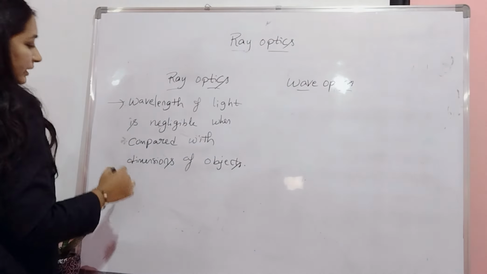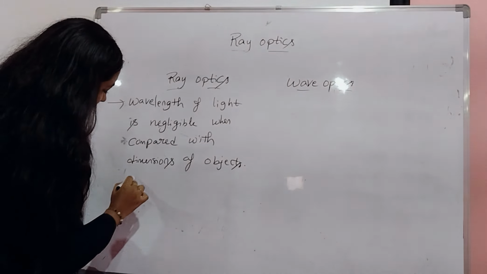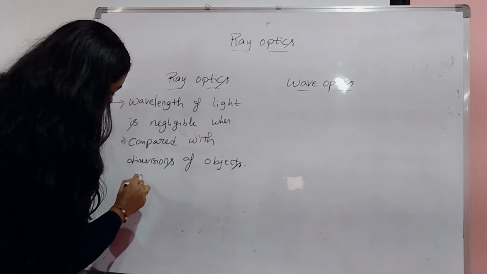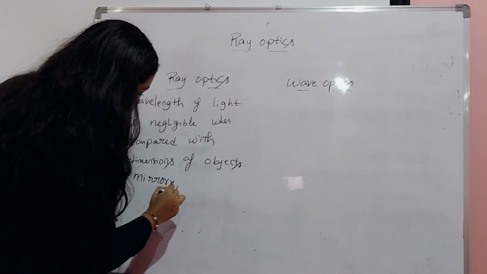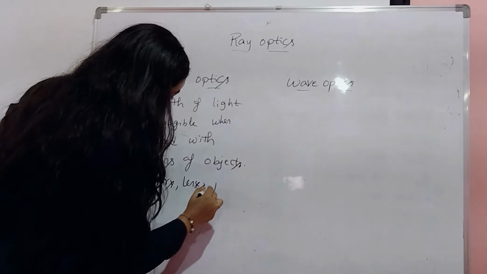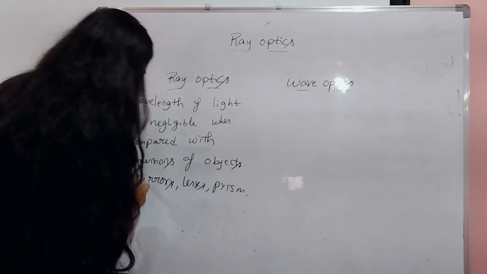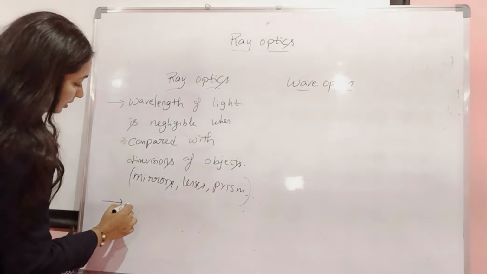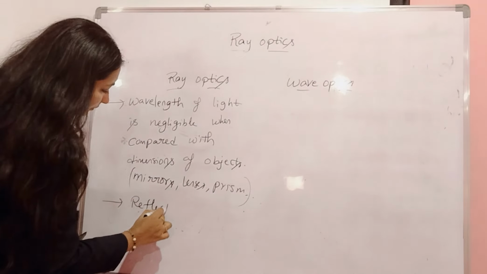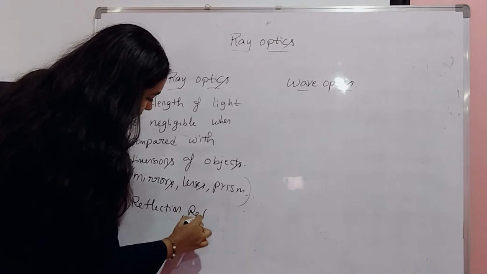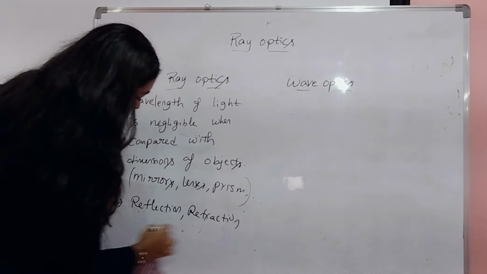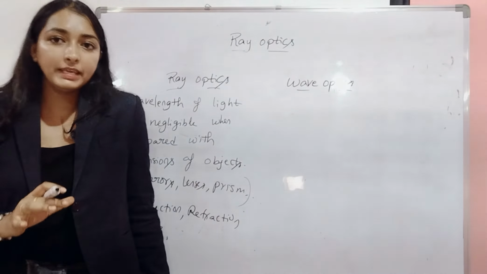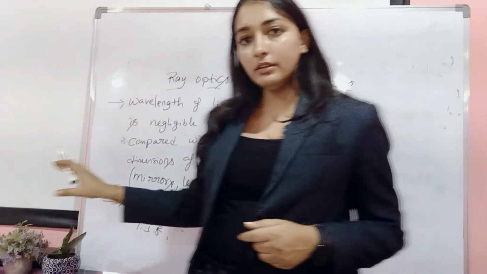So what objects do we take in ray optics? Objects like mirrors, lenses, prism, etc. Here we study the phenomena by taking the light rays: reflection, refraction and total internal reflection. Taking the rays of light we can explain reflection, refraction and TIR.